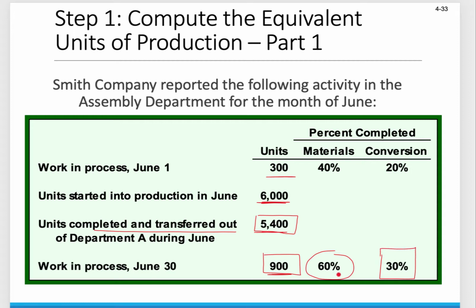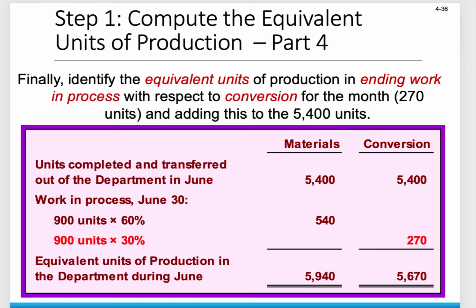That means that of all the 900 partial units sitting in WIP at the end of the month, they are 30% complete with respect to conversion costs. That means that we added 30% of the direct labor and the overhead. So let's go back and calculate the equivalent units in production for conversion costs.